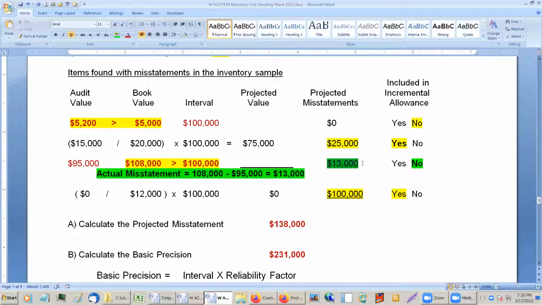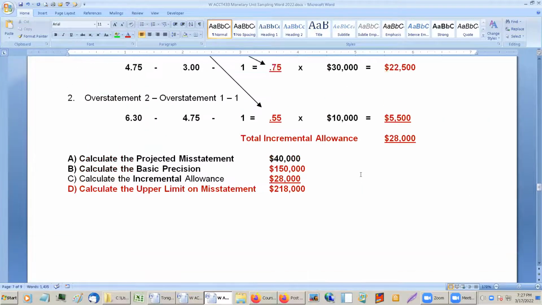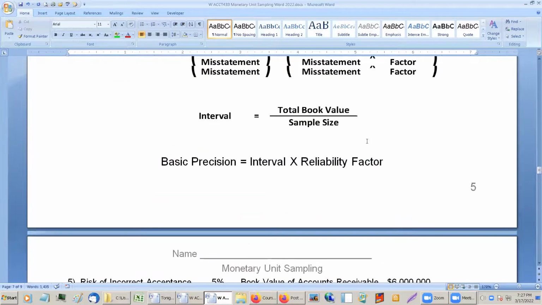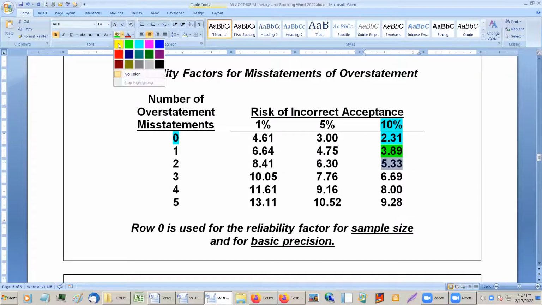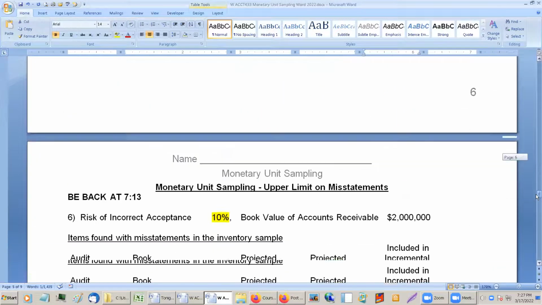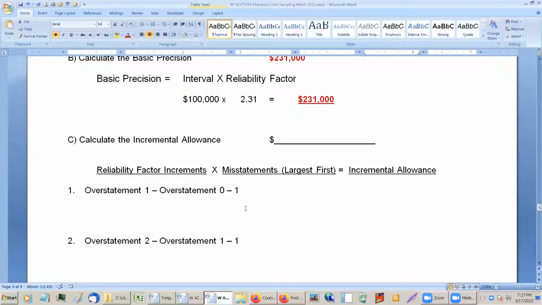This one could not get any worse, so there's no incremental for that one, whereas for these 2, there's room for more things to go wrong. So coming up here, we need 389 to 231. So 389, 231, minus 1? Yep. So that's going to be 0.58.